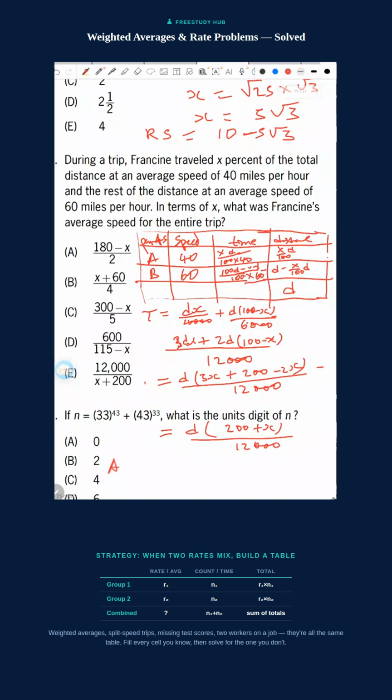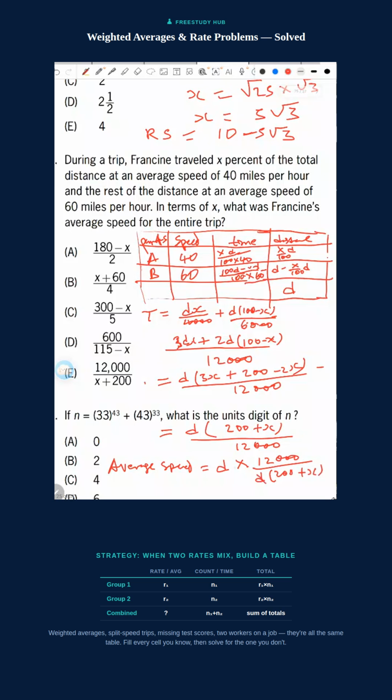So average speed equals total distance d divided by what we have now. If we invert it, 12,000 will now be up, divided by d bracket 200 plus s.